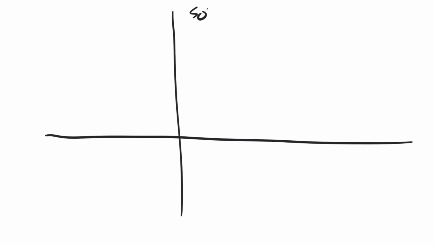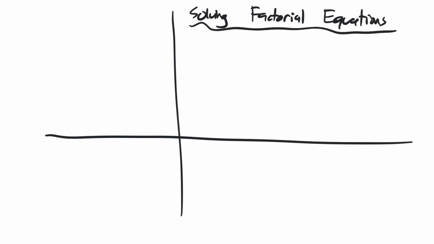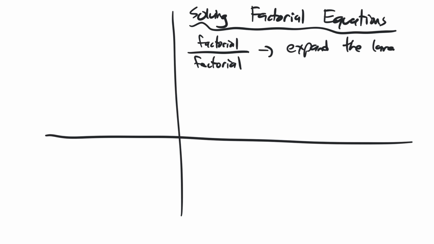All right, so let's go ahead and take some notes on this. So this is solving factorial equations. And the basic idea for these questions is if you have a factorial over a factorial, you're going to expand the larger factorial.